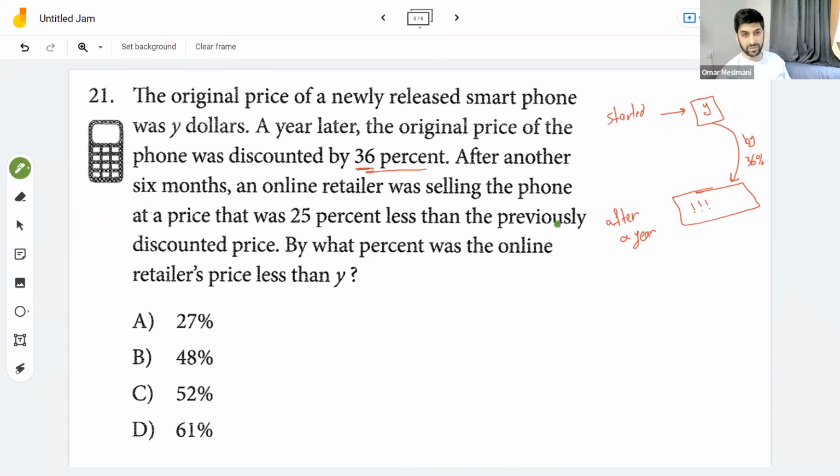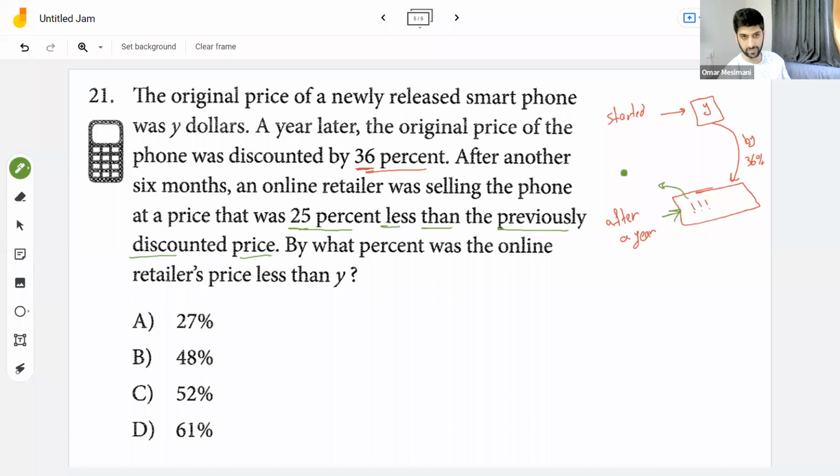Then after another 6 months, an online retailer was selling the phone at a price 25% less than the previously discounted price. So the 25% is less than this, which is what we call the discounted price. Because again, we have Y, then a 36% discount, and now this is the discounted price.